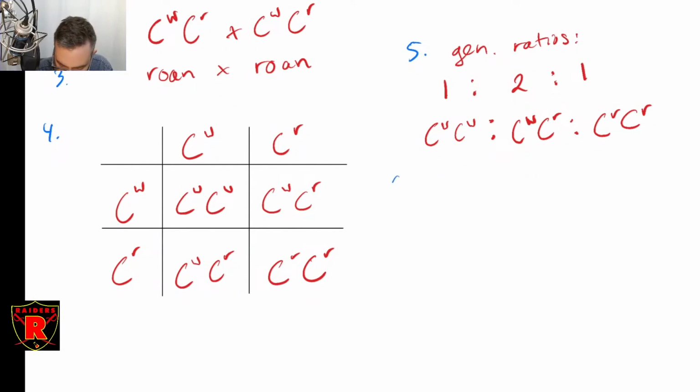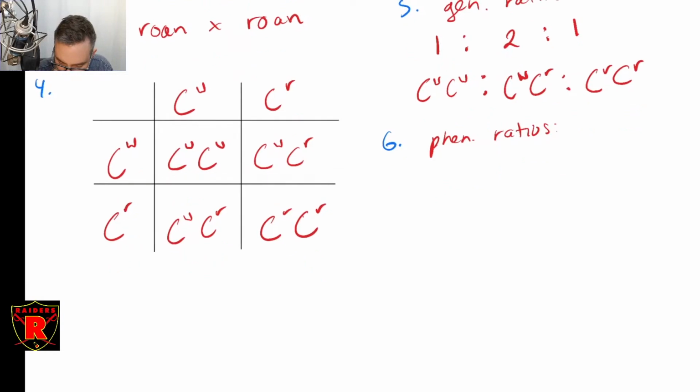And so our phenotypic ratios, that's what it physically looks like, are going to be 1, this is also going to be 1 to 2 to 1 of white to roan to red.